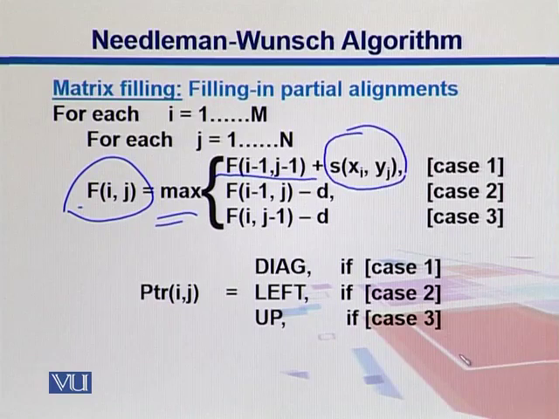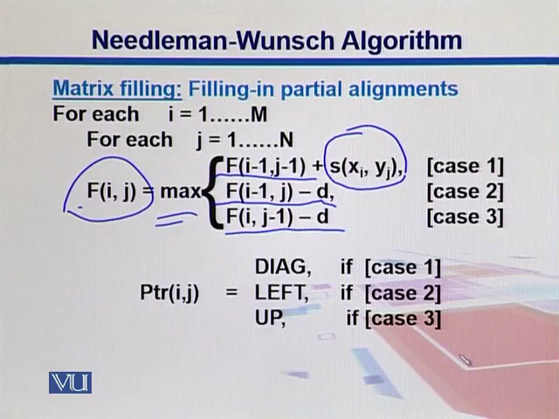So if you are introducing a match or a mismatch, you will take that score and add it into the diagonal score. In case you don't want to put a match or a mismatch, but want to introduce a gap, then you can move from either horizontal if your I is representing your rows, or vertical if your j is representing your columns. So in that case you will have this gap penalty.